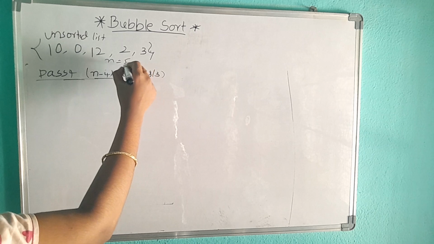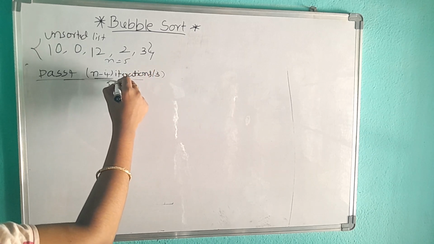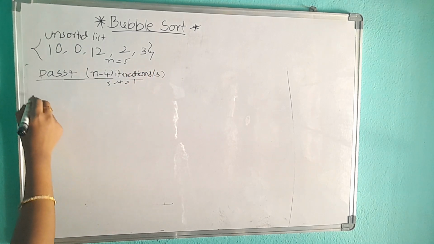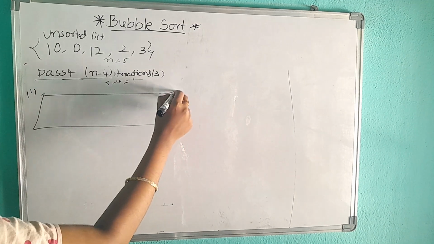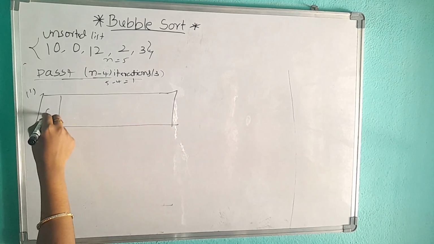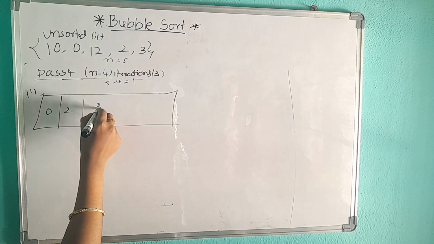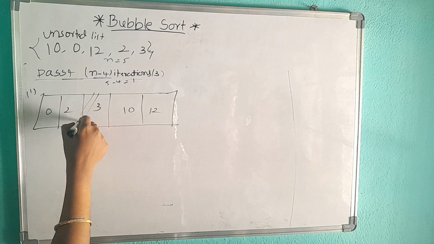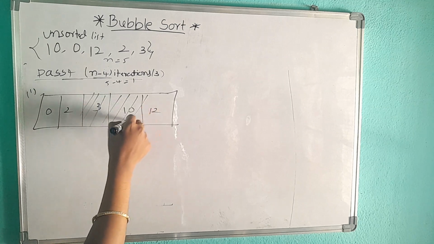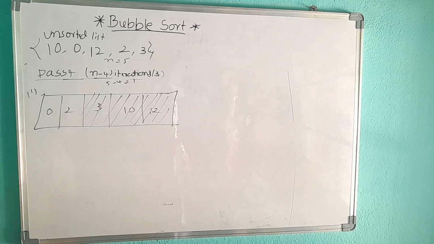Here n is equal to 5. 5 minus 4 means there is only one iteration. After completion of the third pass, the result is 0, 2, 3, 10, 12, and up to these elements are fixed in their sorted positions.